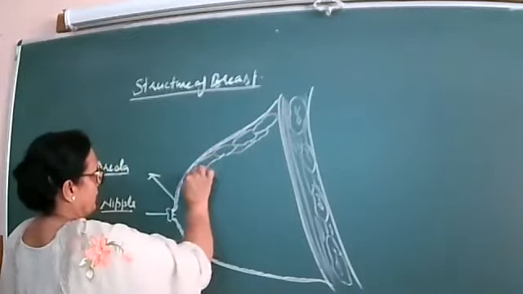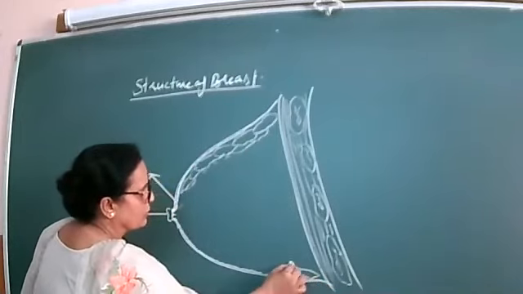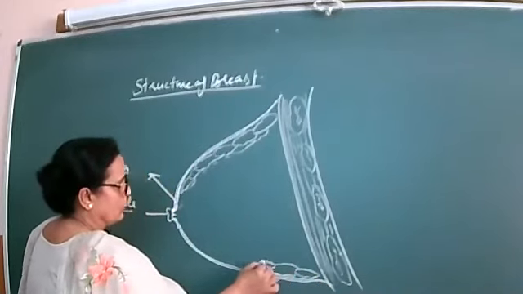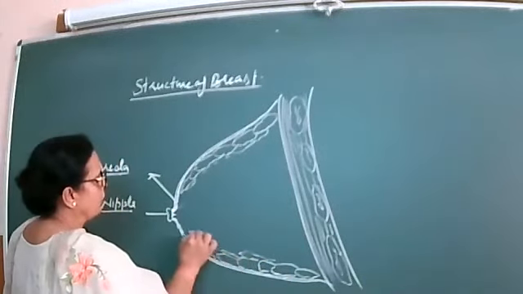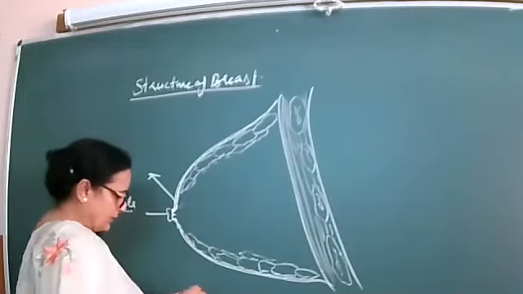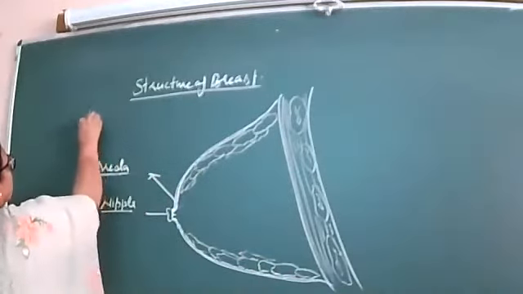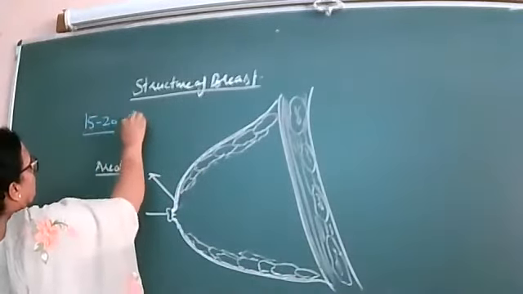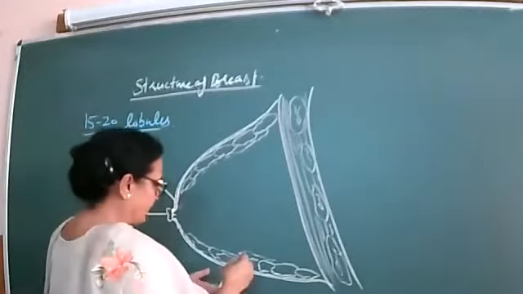So this is the fat tissue, similarly on the lower side too, the presence of adipose tissue. And then inside this, near about 15 to 20 lobules are present, which have a special type of cells.